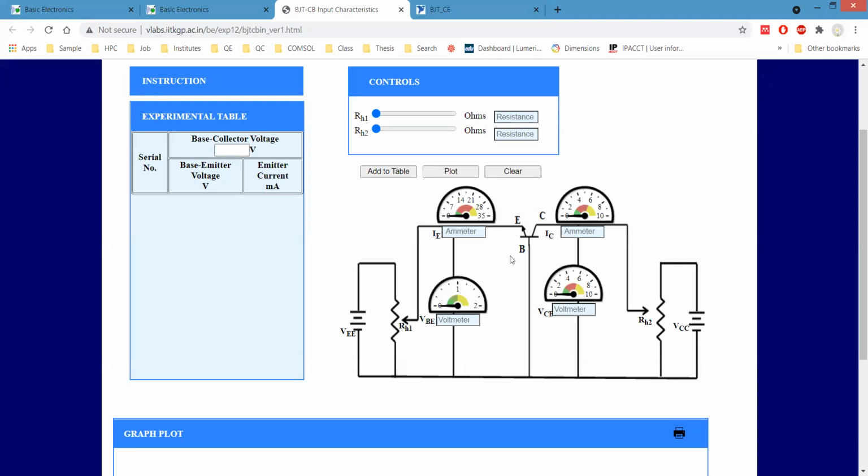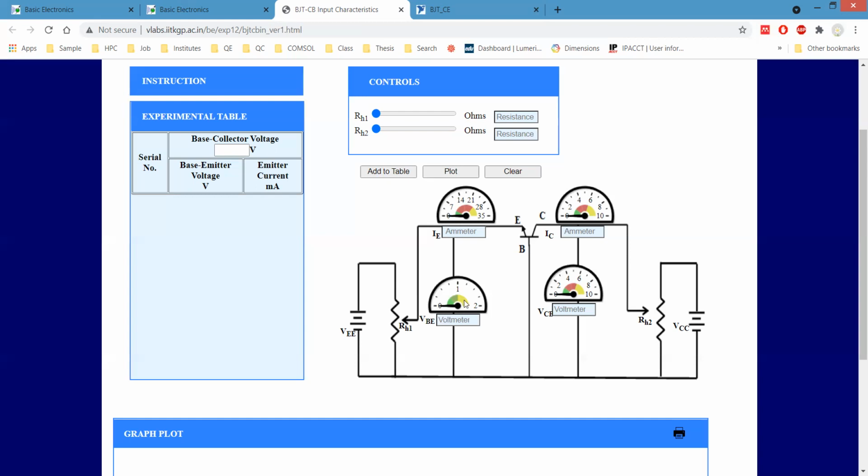So basically they have used an NPN transistor, and in order to measure the emitter current, they have put a meter here, and the junction voltage across the base emitter, that they have varied with this rheostat knob.